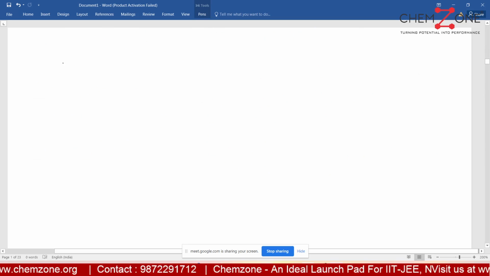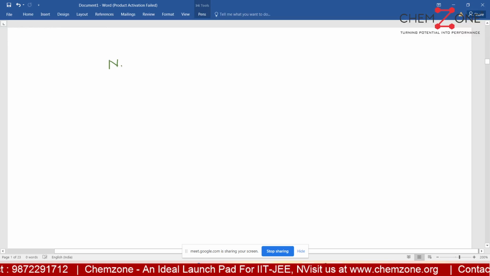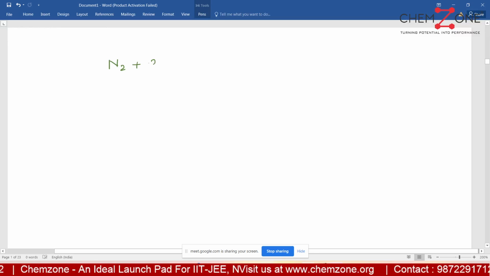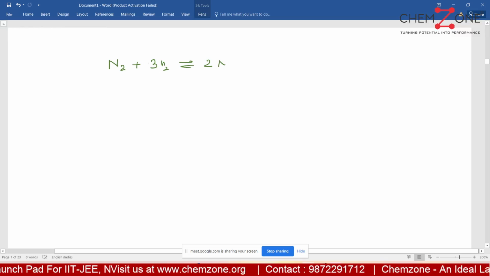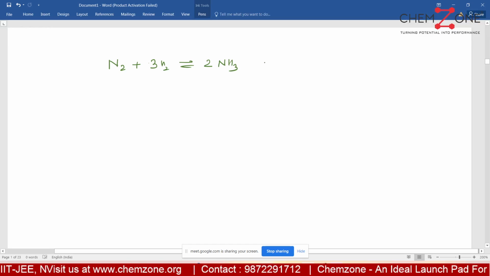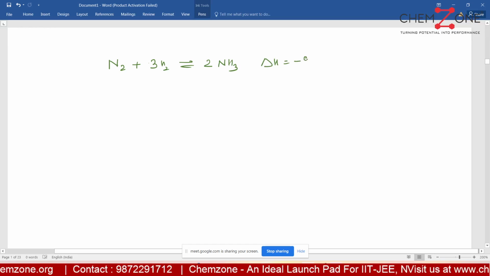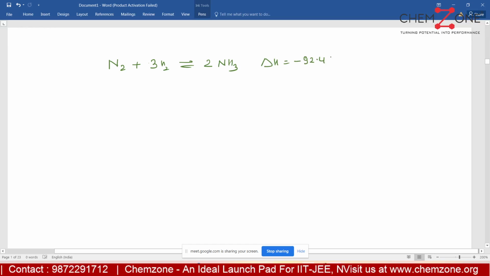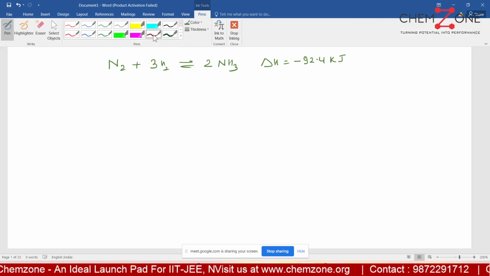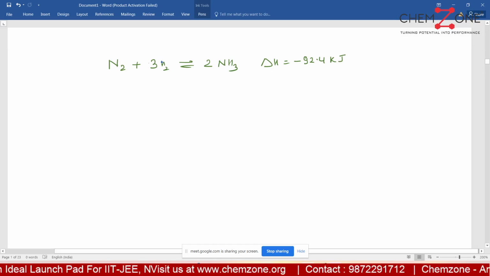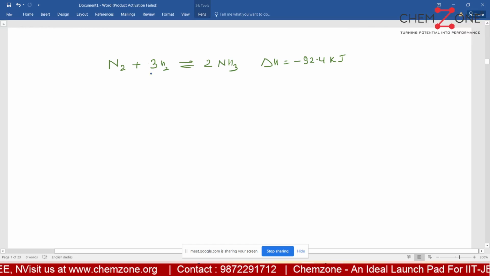Okay. Now let us see the effect of temperature. Suppose I have this reaction, N2 plus H2 to give 2 ammonia. Its enthalpy is a negative value, minus 92.4 kilojoules.